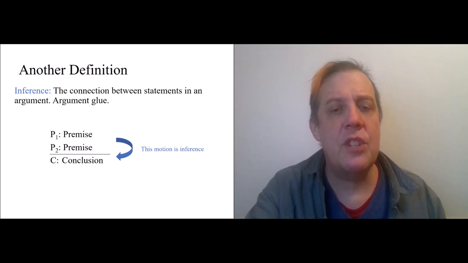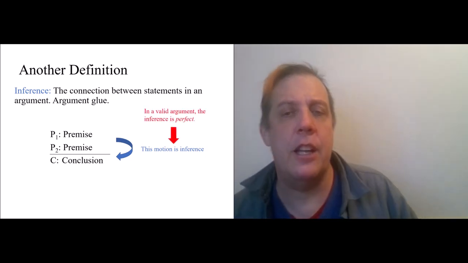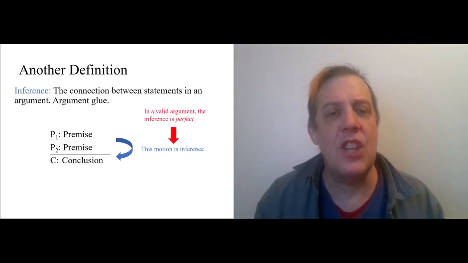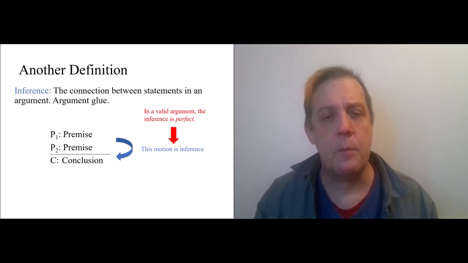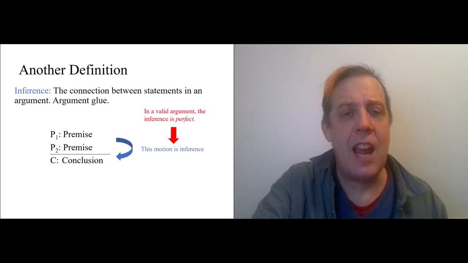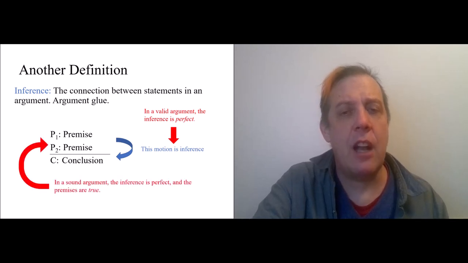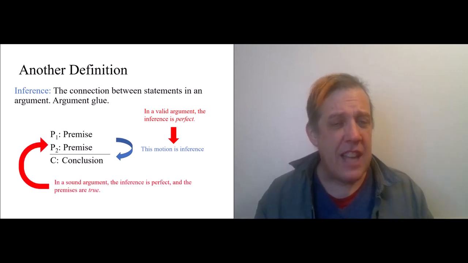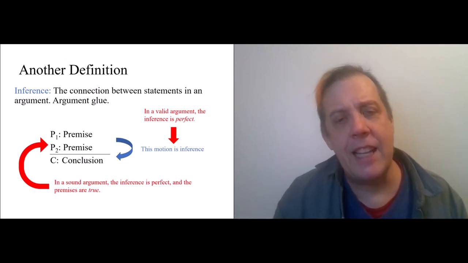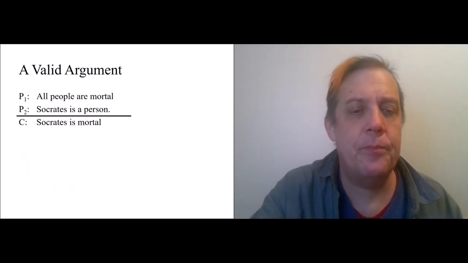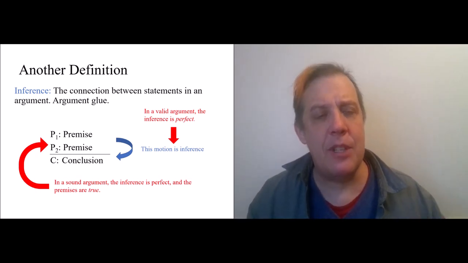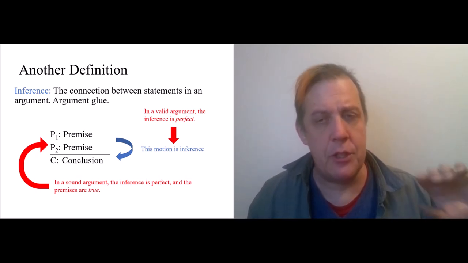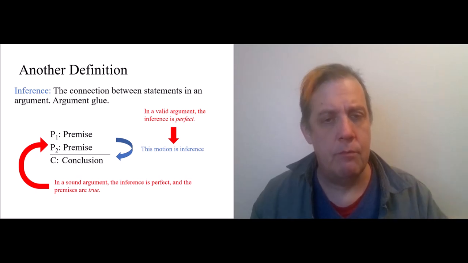So when we say that an argument is valid, what we mean is that the inference, that connection, is perfect. So it's about the arrow. When we say that an argument is sound, we say that it's valid and the premises, here premise 1, premise 2, they are true. Okay?